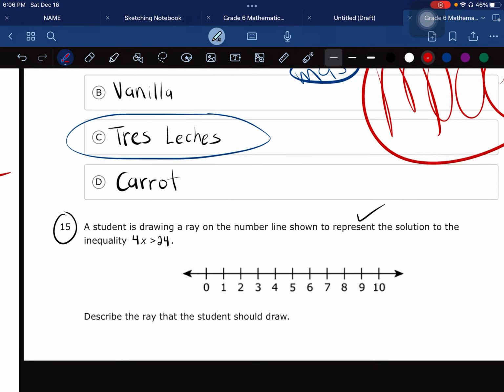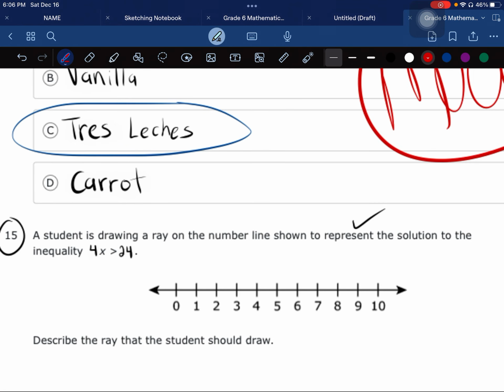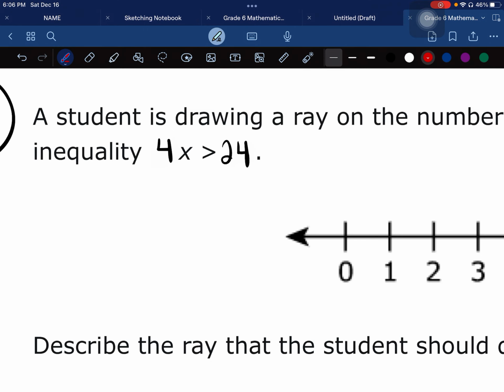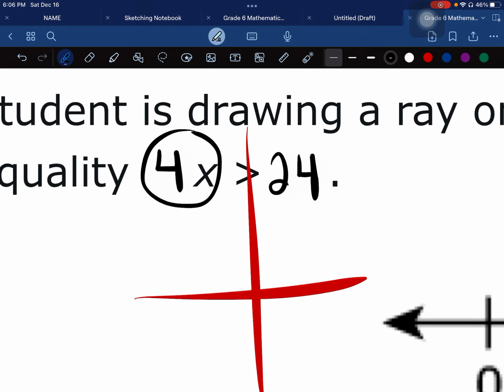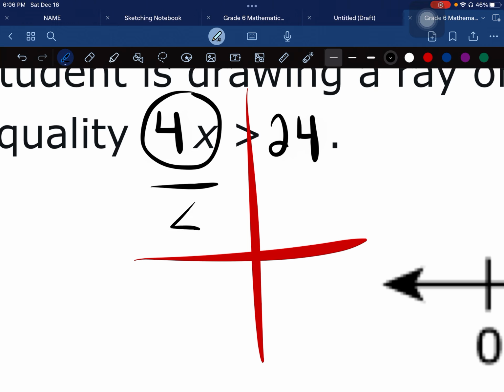Awesome. This one. The student is drawing an arrow on the number line shown to represent the solution to the inequality. So first we need to find the solution for this one. So what's the opposite of multiplying by 4? Dividing by 4. Good job, chicos. So we have x.